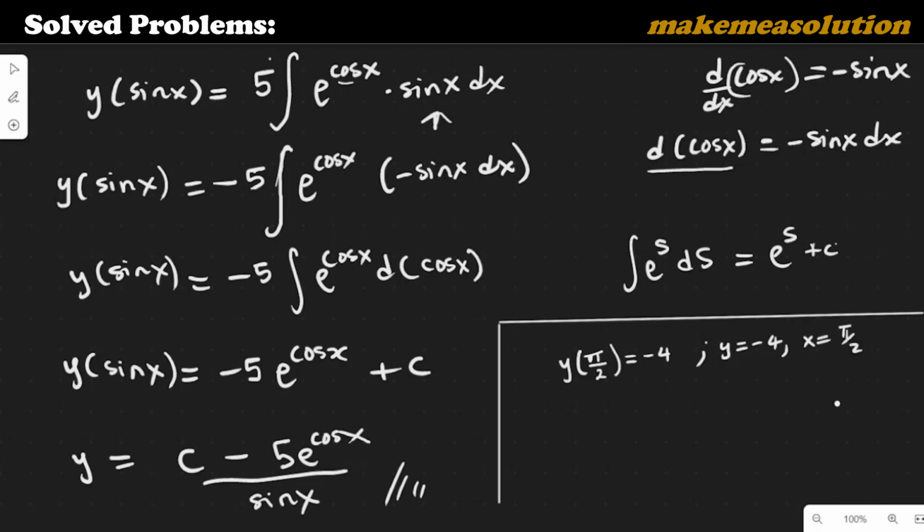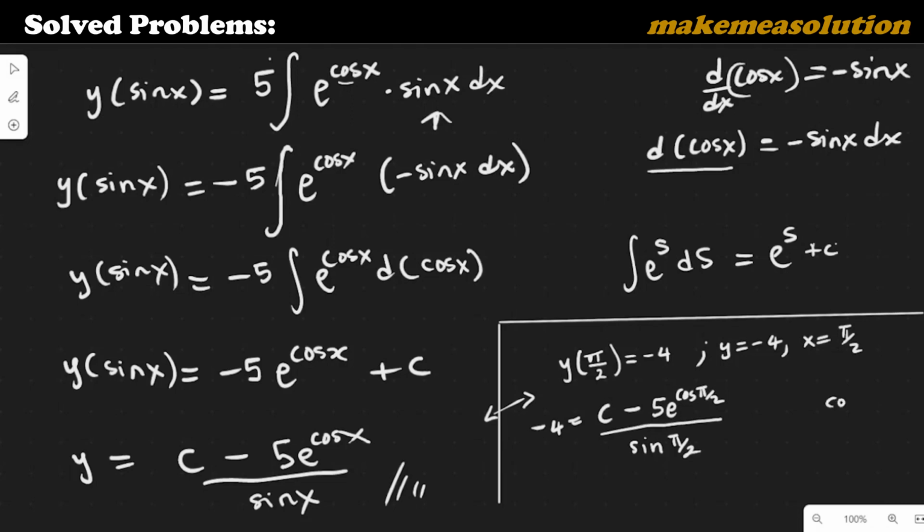So if we substitute it into this equation over here, we'll have minus 4 is equal to c, being the arbitrary constant, plus 5 exponential cos pi over 2 divided by sine pi over 2.